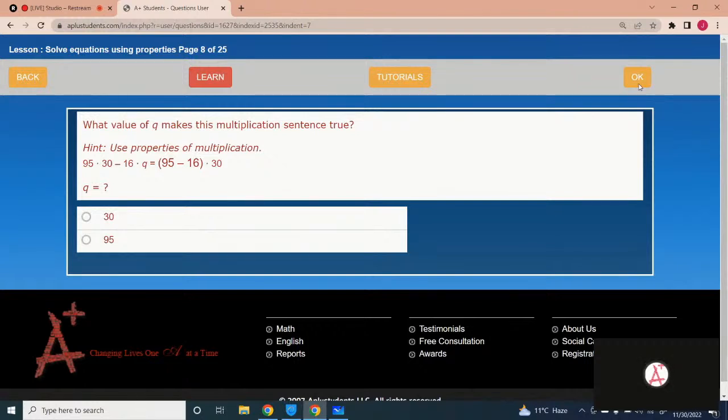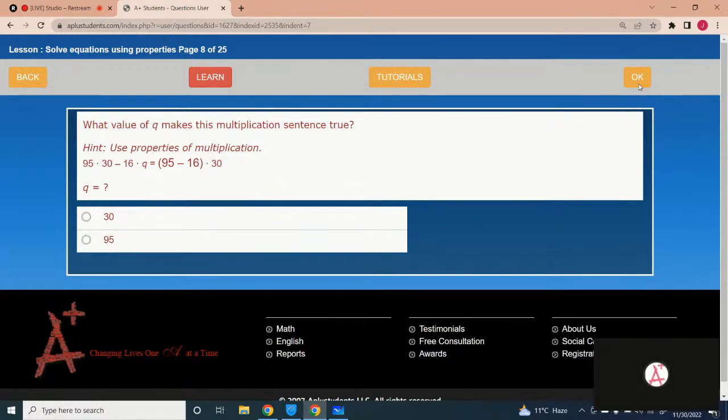What value of q makes the multiplication sentence true? It would be 95 times 30 minus 16 times the missing number, and it would be 95 minus 16 times 30. So the correct option is 30 or 95.